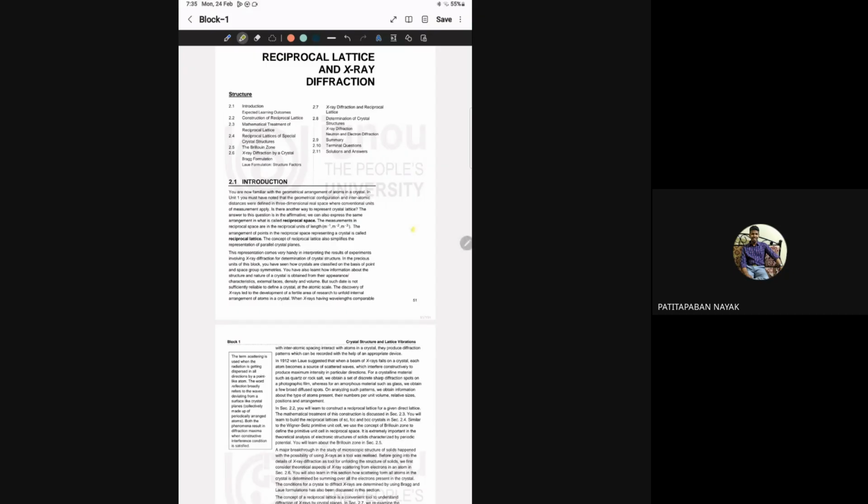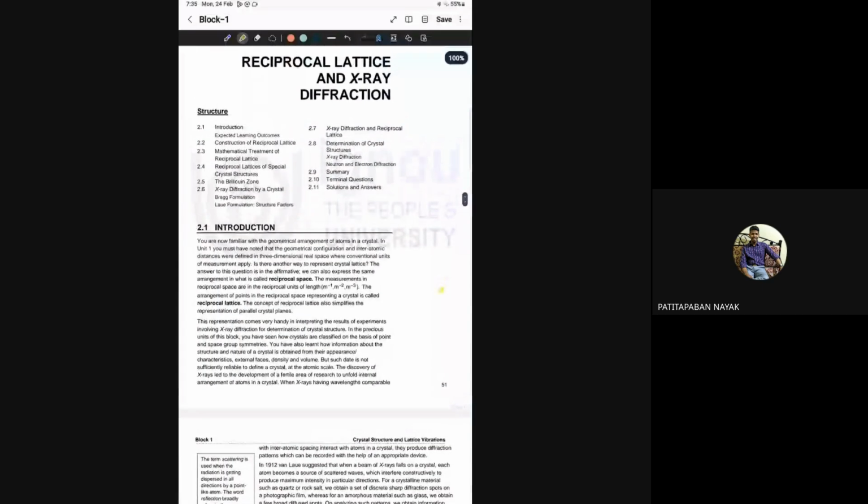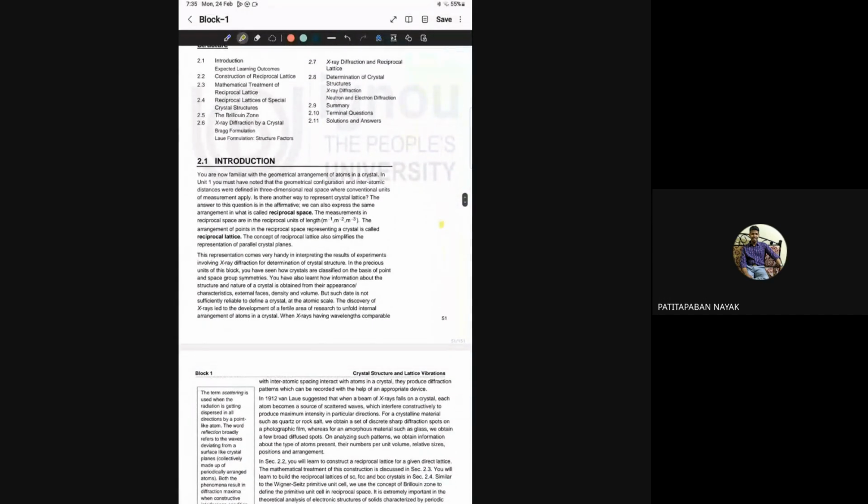Okay, let us start with something very interesting. The next part, which is reciprocal lattice and crystal structure determination by X-ray diffraction. So, what is a reciprocal lattice, or what is reciprocal space?